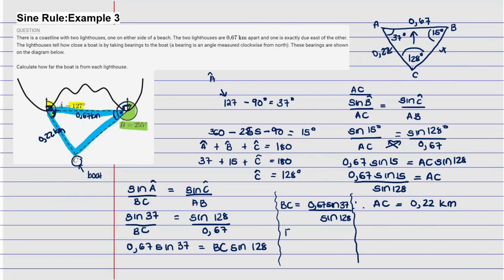Punch that into the calculator. BC is basically going to be equal to 0.51 kilometers. So this side is going to be 0.51 kilometers. And that's how you would solve this question.